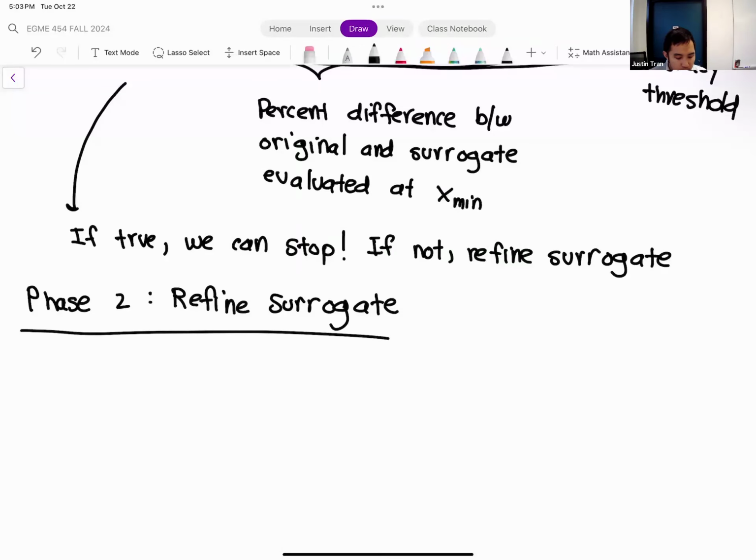The main issue at this point is that if your accuracy check did not pass, then even though you have the right bounds, so you're checking within the right range, your surrogate function itself is not well calibrated. The locations where we evaluated the surrogate are not good representations of the original function.